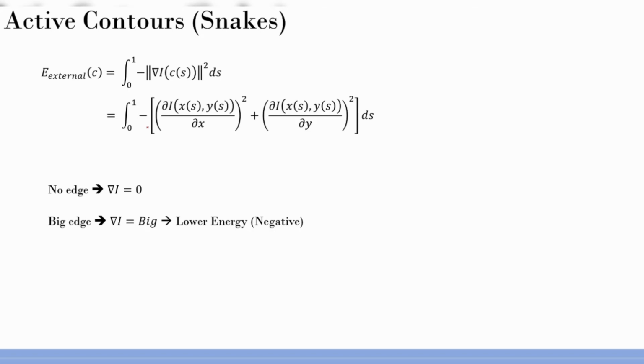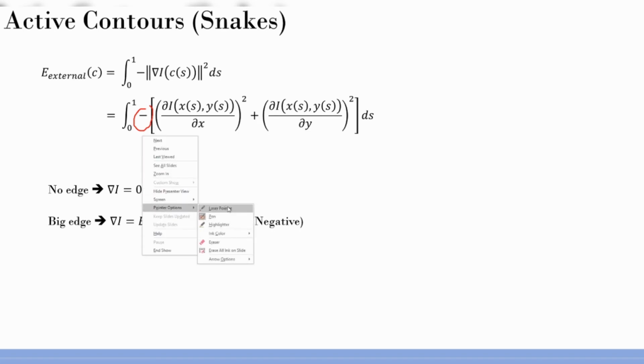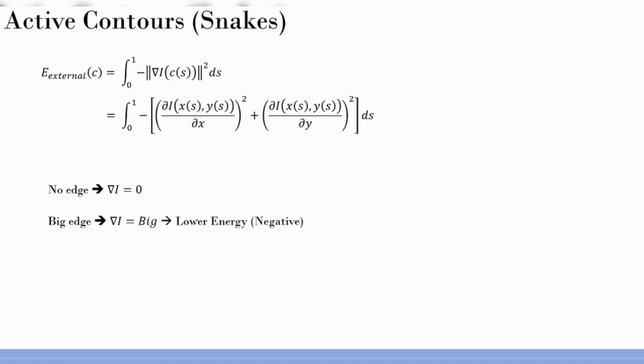At the same time, I want to minimize the overall function, overall energy, right? And that is why I put a negative here. If my objective was maximization, I would not have put a negative here. I want minimization. I want to club the internal energy and the external energy together, and I want to go in this h direction. That is why if I don't have negative here, this value will be going extremely high, right?